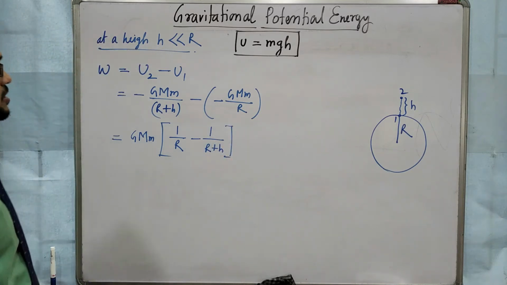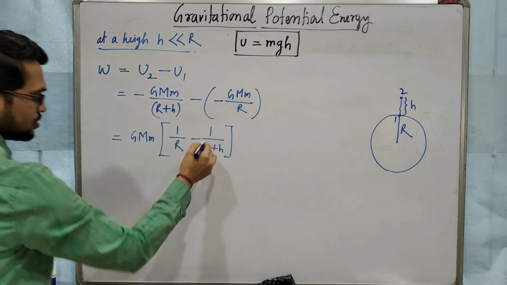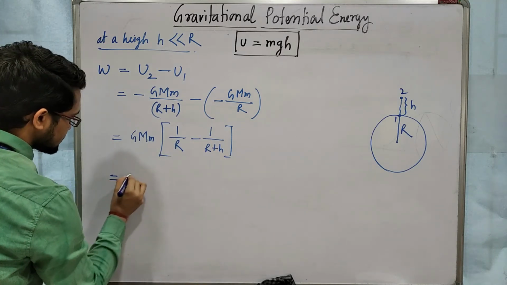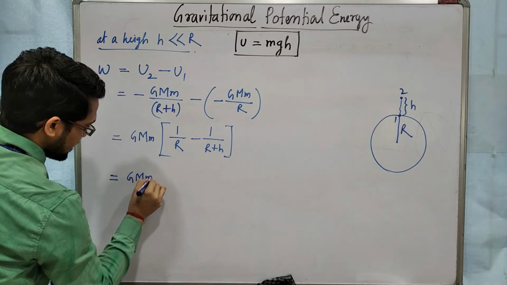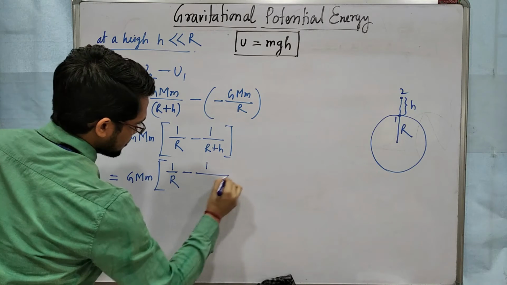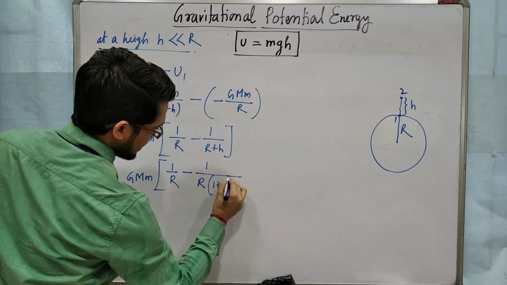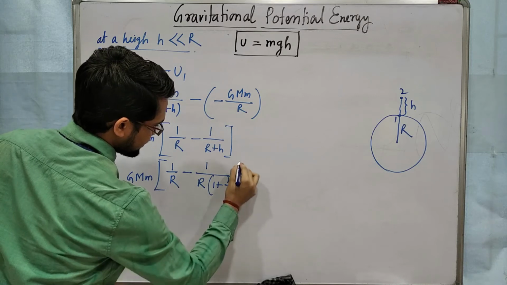I have told that h is very much smaller than R, so here we will take R common. So GMm, 1 by R minus 1 by R common, then you will get 1 plus h by R.